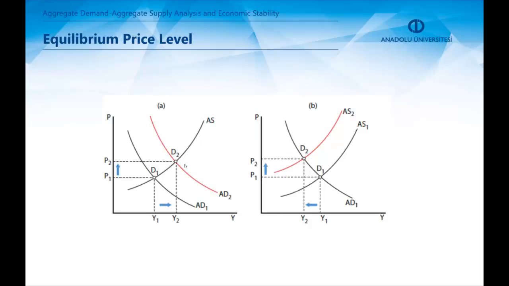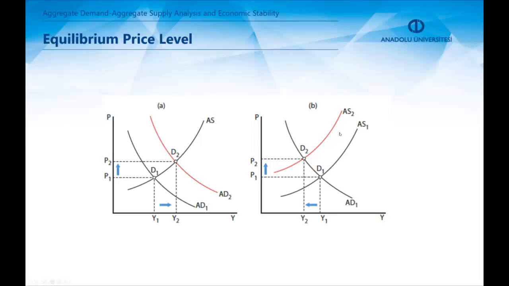For example, in the first step, our equilibrium point is AD1, which equals the P1 price level and Y1 income level. When there is an increase in aggregate demand, the curve shifts to the right, and it means economic growth from Y1 to Y2 and inflation from P1 to P2.